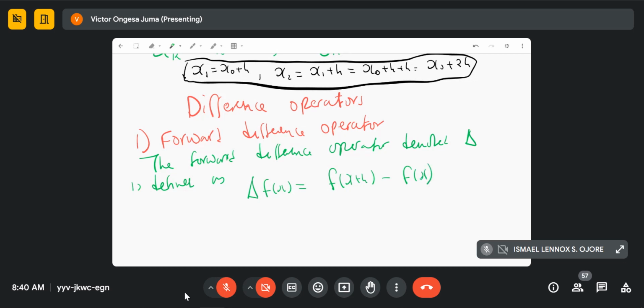So it's basically the difference in the value of the function when you move one step ahead.